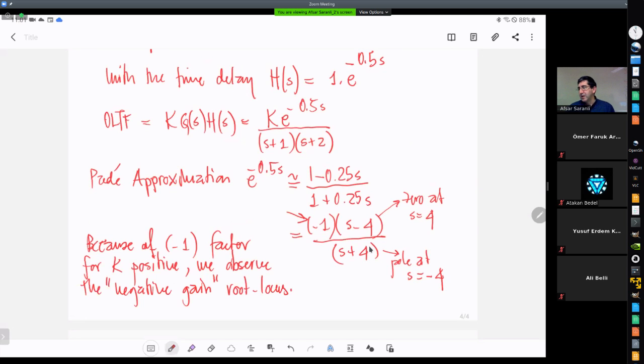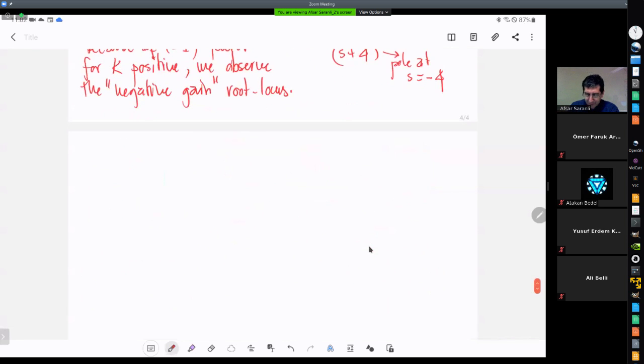Okay, we haven't gone through too much of the negative gain root locus, but it's the complementary locus basically. And I'm going to sketch it for you, and you can check this with MATLAB as well.